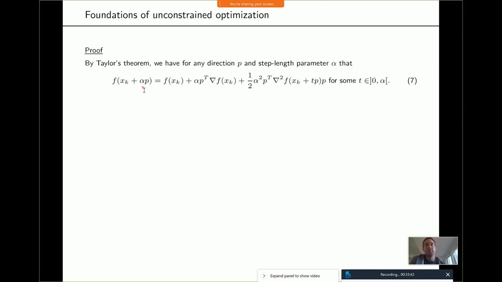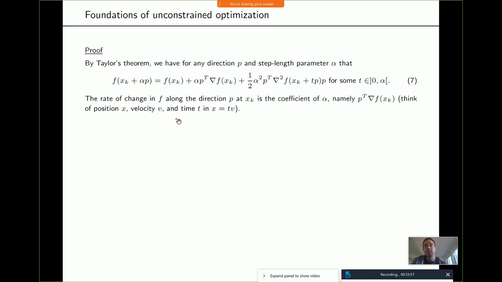If you remember the slide from earlier, the alpha was 1 there, so the t was between 0 and 1, and now we can either go shorter than 1 or larger than 1. So this is just, again, Taylor's theorem. Now, one important thing to realize is the rate of change, and we want to talk about rate of change when we talk about steepest descent.